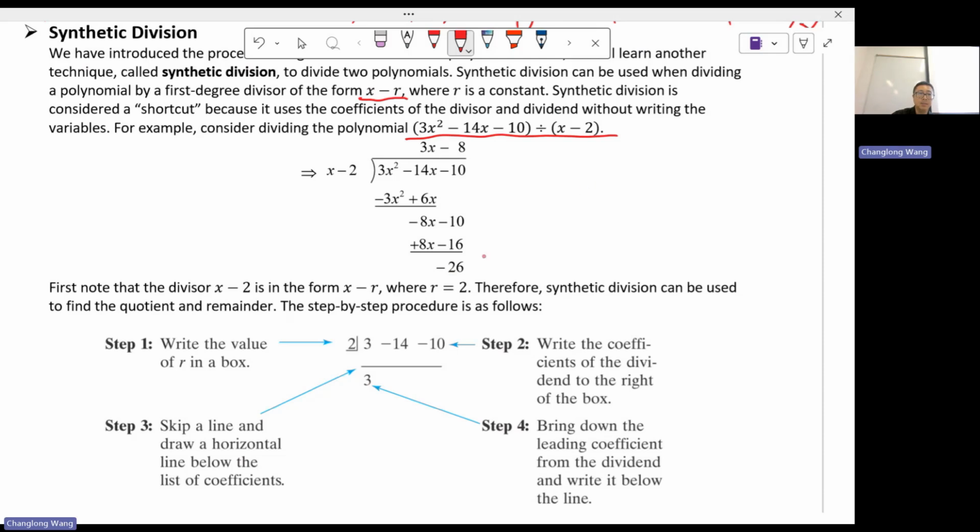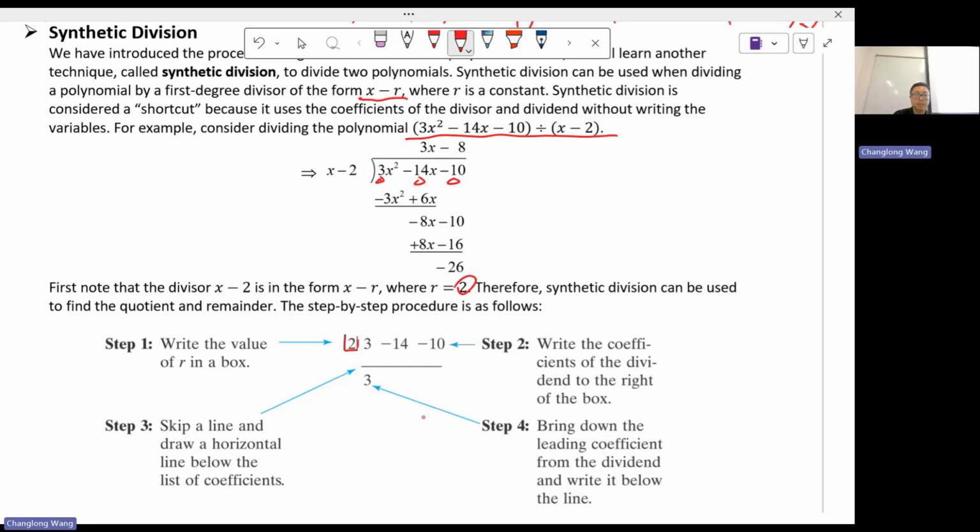But if you do it in a synthetic manner, you identify r as 2, and instead of writing down so many x's, you extract the coefficients of the dividend, 3, -14, -10, put them down, and you put that 2, which you identify as the r, in that little box.